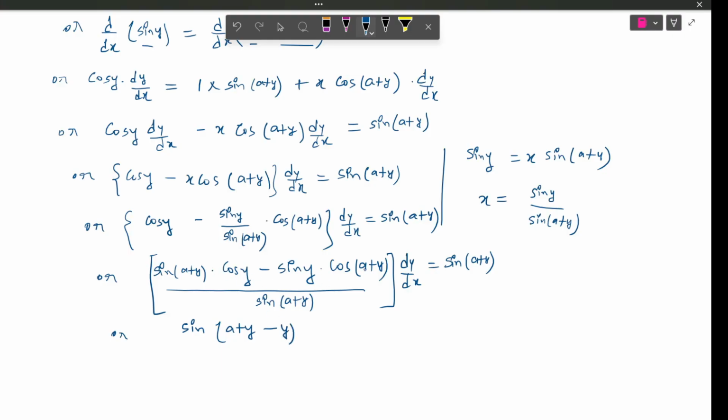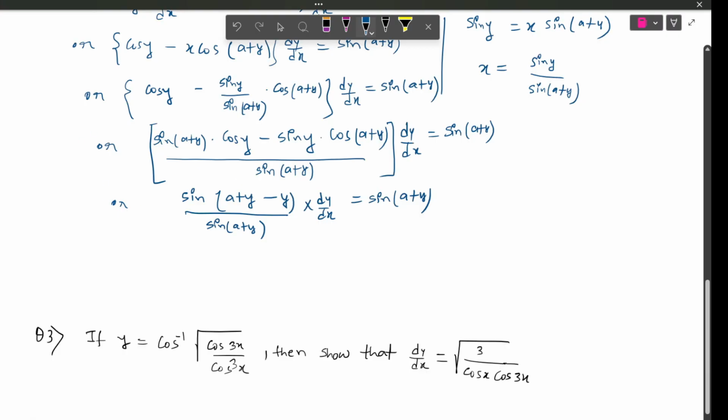Sine a cos b minus cos a sine b. Sine of a minus b by sine of a plus y into dy by dx equals to sine of a plus y.